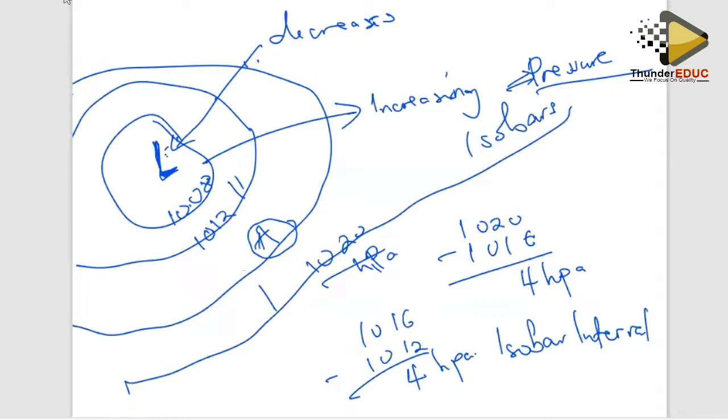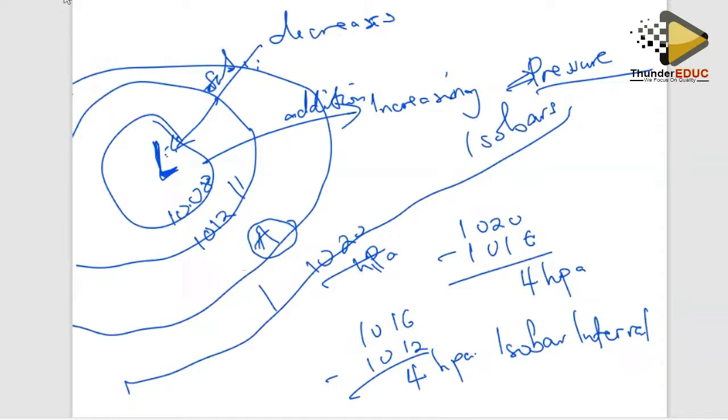The moment you determine your interval, you subtract the interval to find the values. Coming away from the center of the low, our values are increasing outwards, meaning we are adding. In this direction we are adding the interval, and here we are subtracting the interval.